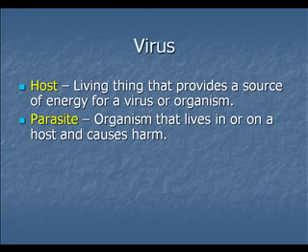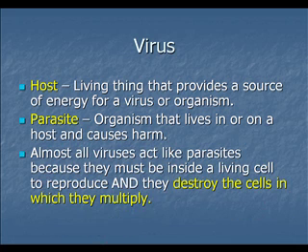So a virus or organism that lives in a host is considered a parasite. That's an organism that lives on or in a host and usually causes that host harm. Almost all viruses act like parasites because they must be inside of a living cell to reproduce, and often they will destroy the cell in which they are multiplying.